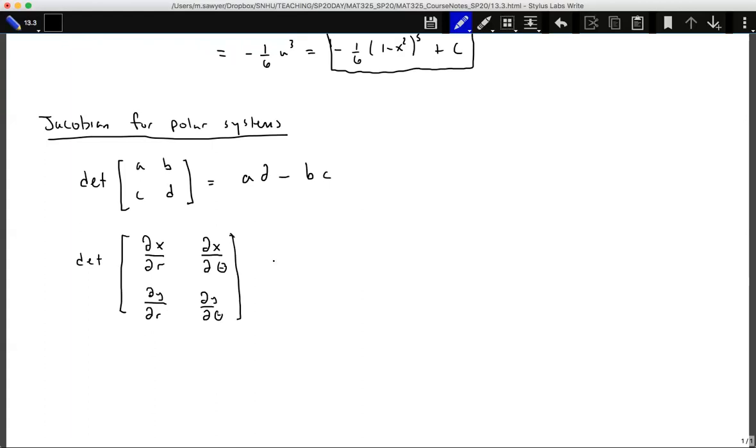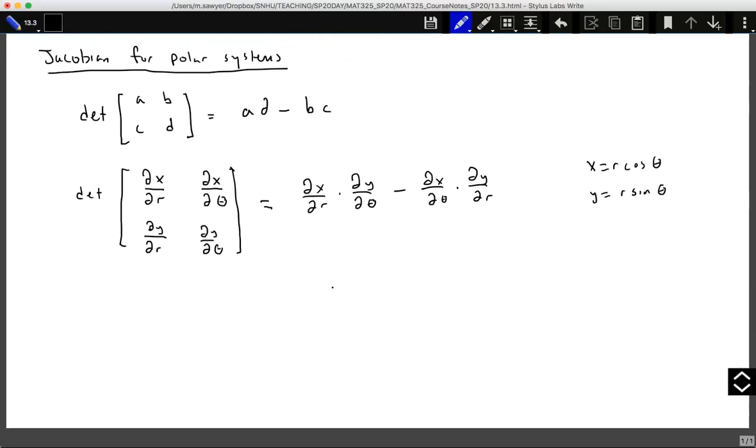We're looking at the determinant of this matrix. So what we have is partial x over partial r, times partial y over partial theta, minus partial x over partial theta, times partial y over partial r. Recalling from our formulas that x is equal to r cosine theta, and y is equal to r sine theta.